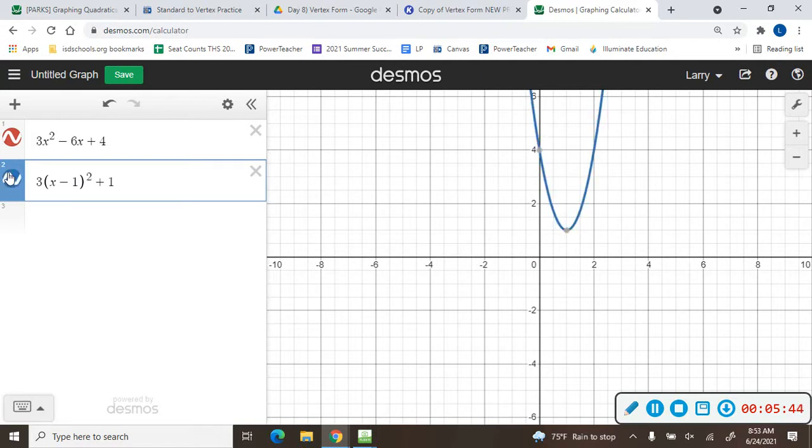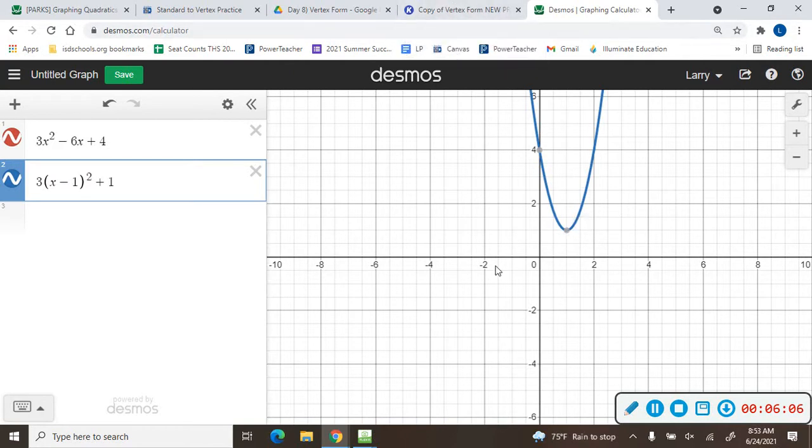They're just different representations. This is called standard form. We know the y-intercept is 4 by looking at it. Notice y-intercept's 4. This is vertex form. I know the vertex by looking at it. It should be 1, 1. And notice the vertex is 1, 1. So I know I'm correct.